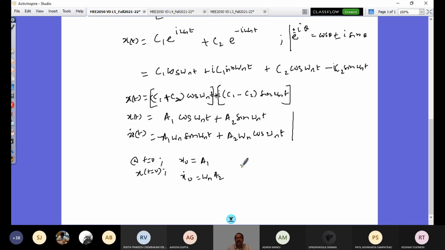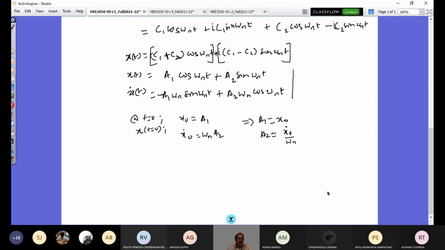So if I substitute, I will get from this A1 as x naught and A2 as x naught dot by omega n. So now this constant can be substituted in my solution. I will have x of t, in place of A1, x naught cos omega nt, and in place of A2, x naught dot by omega n sin omega nt.